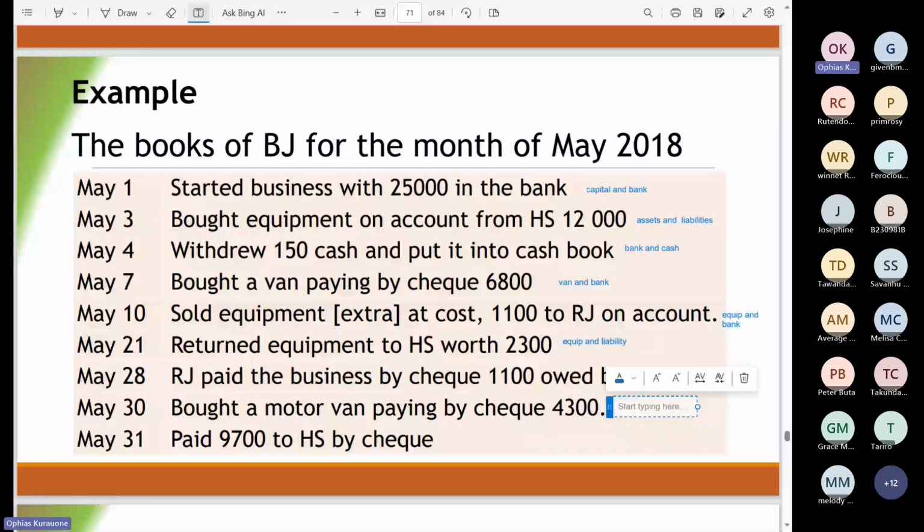So we have the motor vehicle and bank here. Here I'm just identifying the accounts. Then paid 9,700 to HS by check. Now we are paying HS, where you borrowed 12,000. So I now pay 9,700. There are two accounts to be affected again, an asset and a liability.